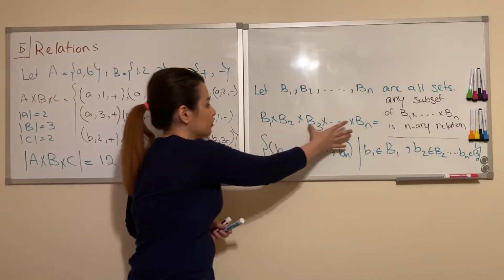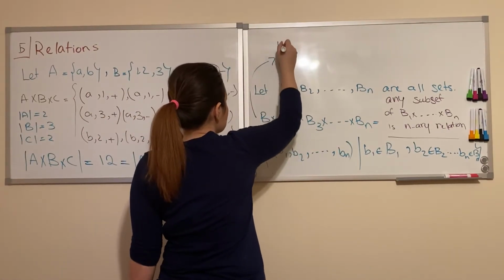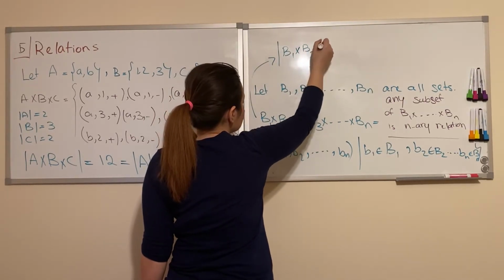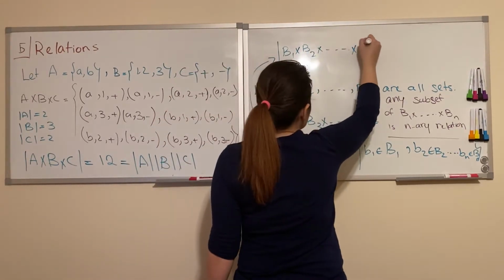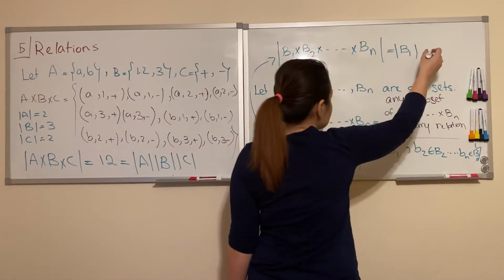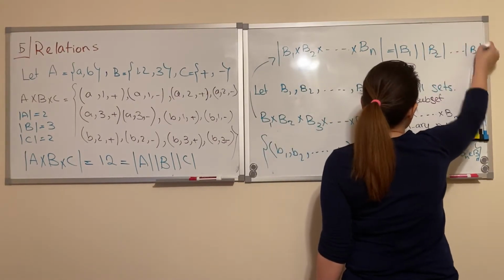Here, if I want to see what is the size of B1 Cartesian product B2 up to Bn, we can just write the cardinality of B1 times cardinality of B2 times cardinality of Bn.